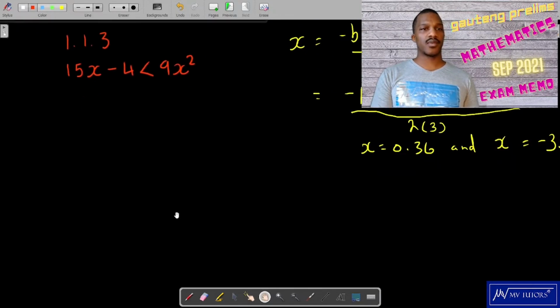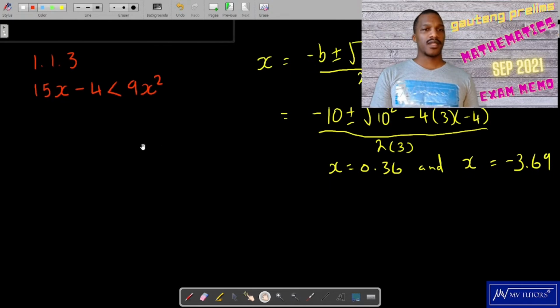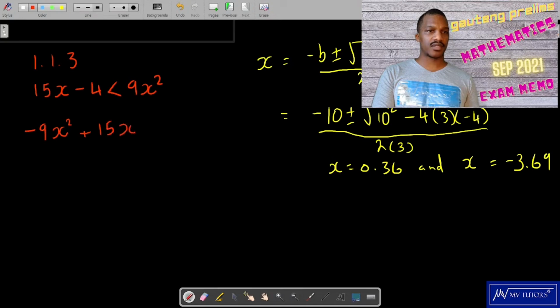Cool. Now this one, the first thing I want to do is put everything on one side. So I'm going to bring the 9x squared to this side so that it becomes minus 9x squared plus 15x minus 4 is less than 0.